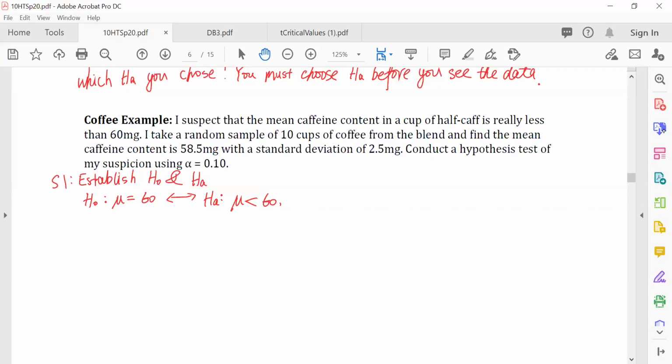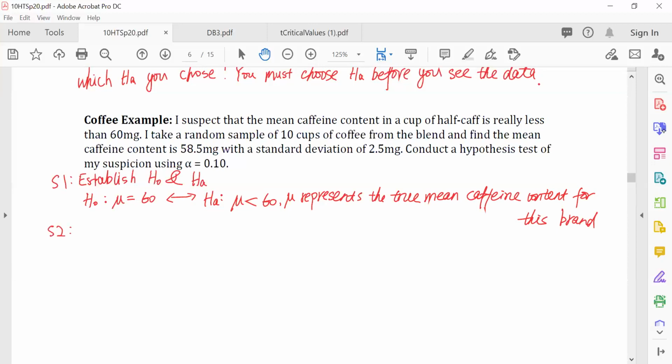Our mu here represents the true mean caffeine content for this brand. So this is the first step.